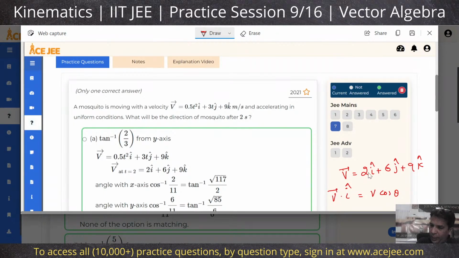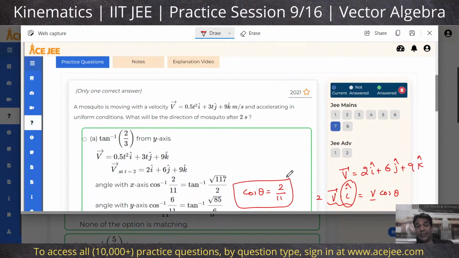And this will be v dot i cap. So i cap is the unit vector along the x direction, right? So this will give you 2, and v is 11, so cos theta is 2/11. If you want to do it algebraically. But it's also important to understand, at least get in your head, how it all looks in 3 dimensions. Building that ability now will be of significance. Clear, beta? Shall we move ahead?